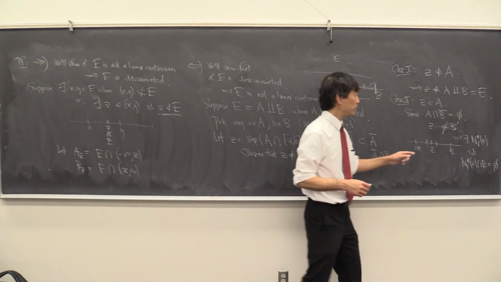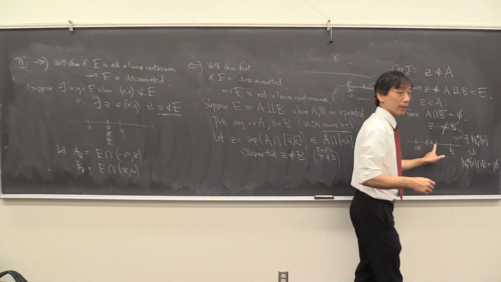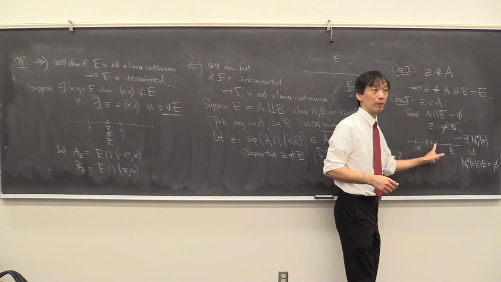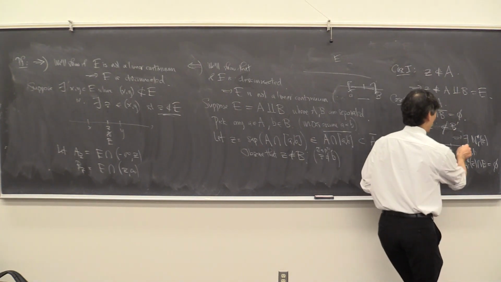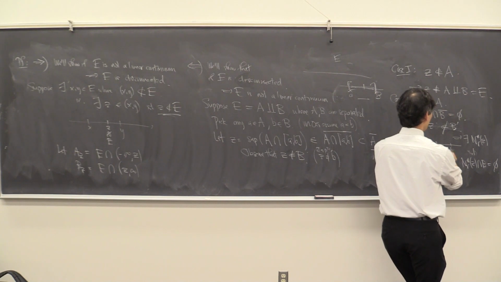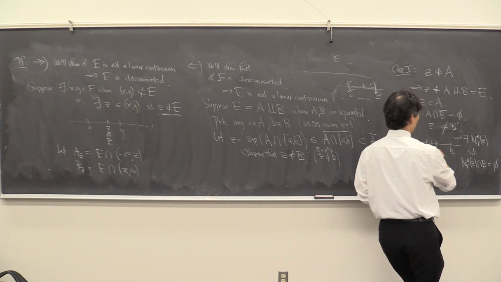So there's nobody from B inside here. And we can choose it small enough that it's inside this interval.